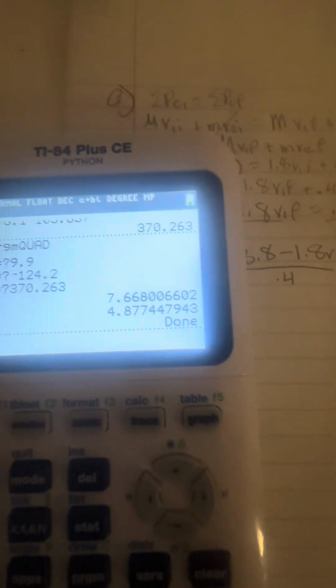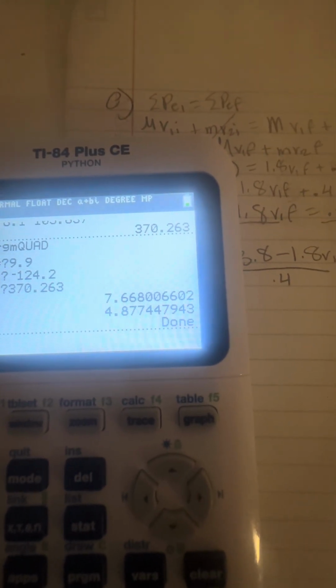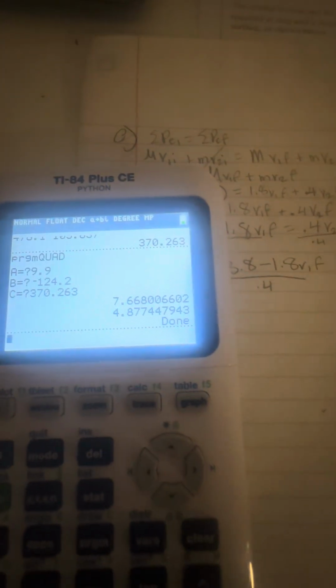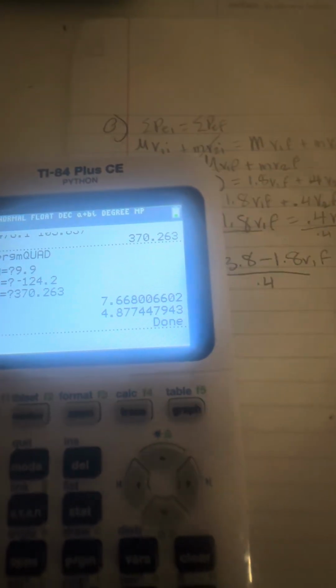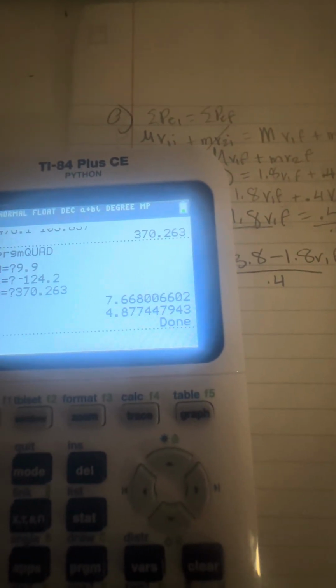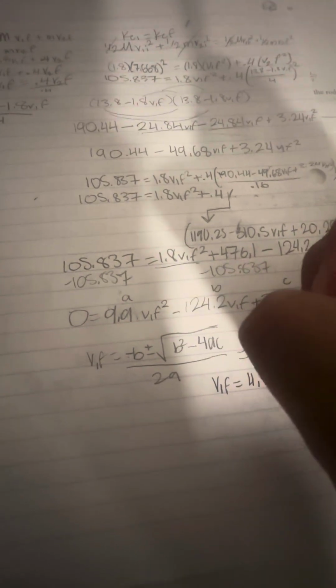And now we know that 7.668 can't be right because that's the speed at the lowest point before. So our speed after is going to be 4.877. So V1F is going to be equal to 4.877 meters per second, positive. And that's our answer for part E.